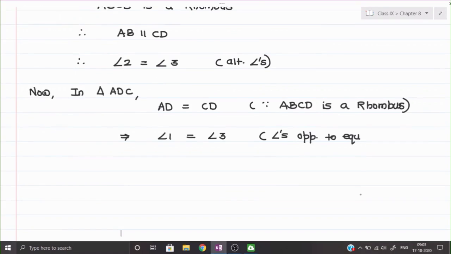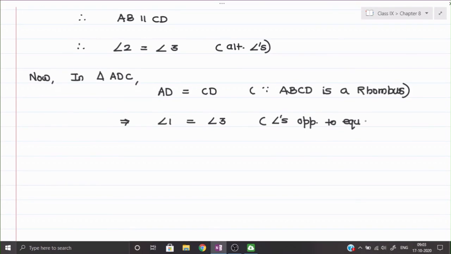So angle 2 is equal to angle 3, equation number 1, and angle 1 is equal to angle 3, equation number 2.